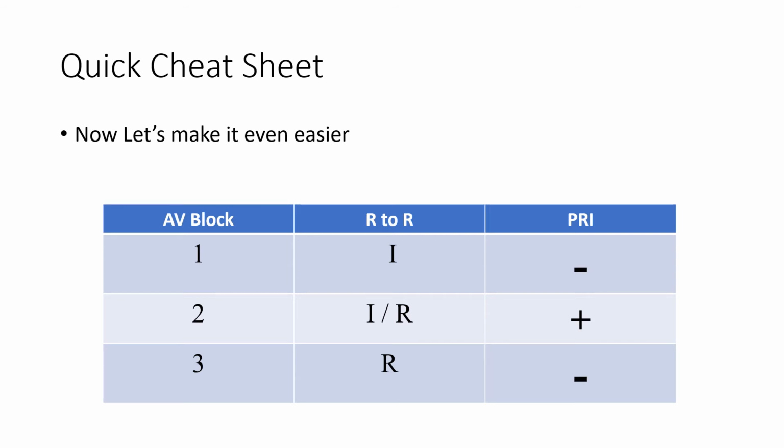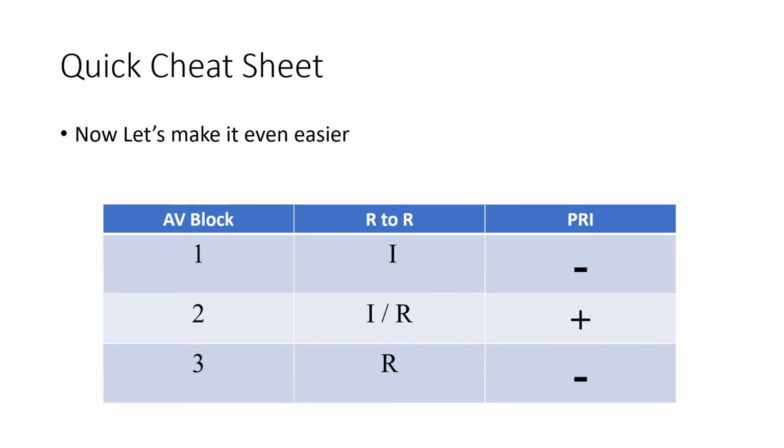So I usually look at it this way: if I see more P's than QRS's, I look at my R to R. Is it irregular or regular? Right off the bat, you don't even need calipers to determine it. If it's irregular, I know it is not third degree heart block. Then I look at my PRI. If my PRI is constant, then I know it's second degree AV block.